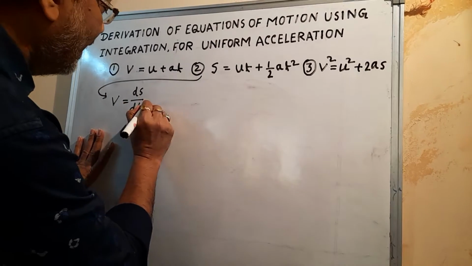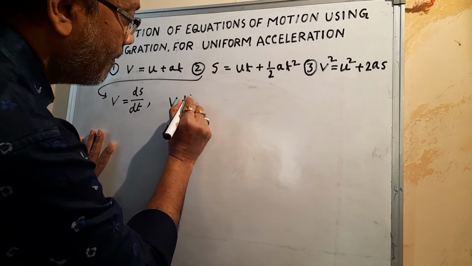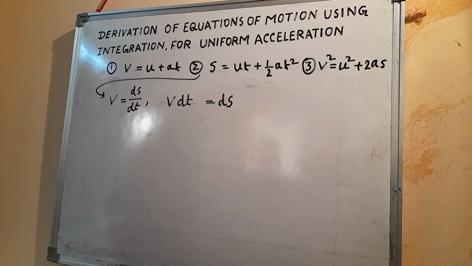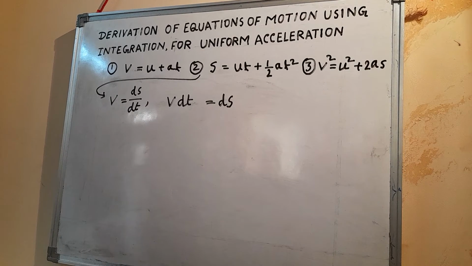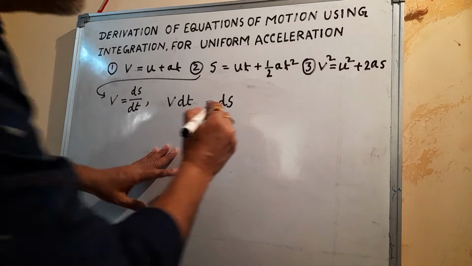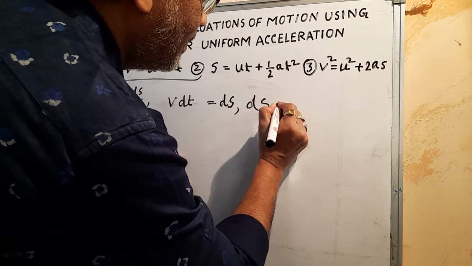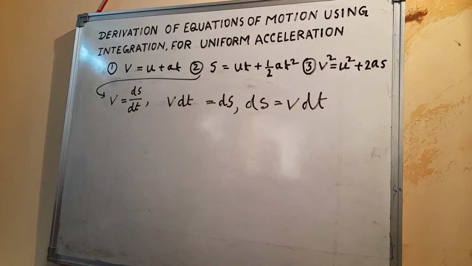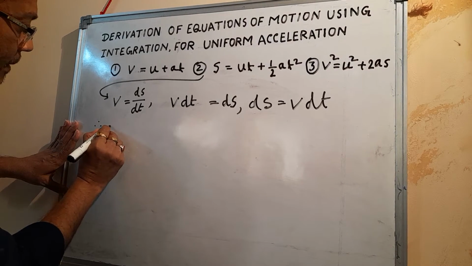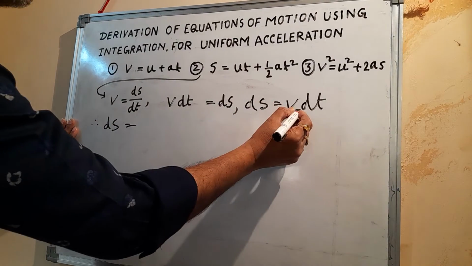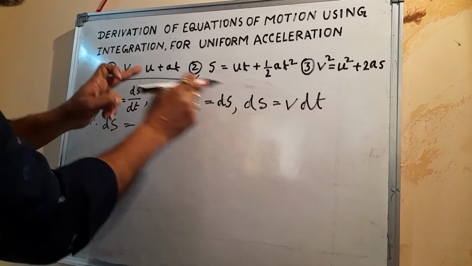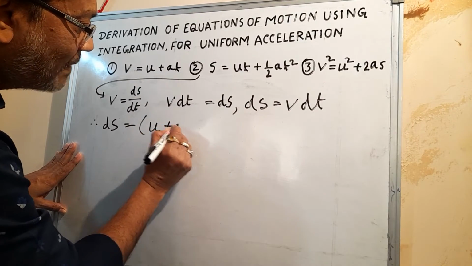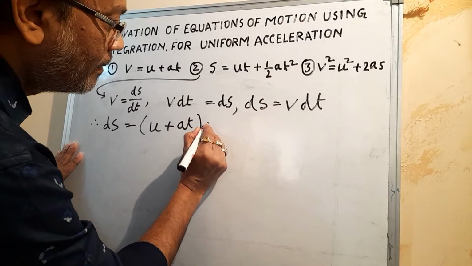So v dt equal to ds, that is, ds equal to v dt. We put the value of v from the first equation, u plus at, so ds equal to u plus at dt.